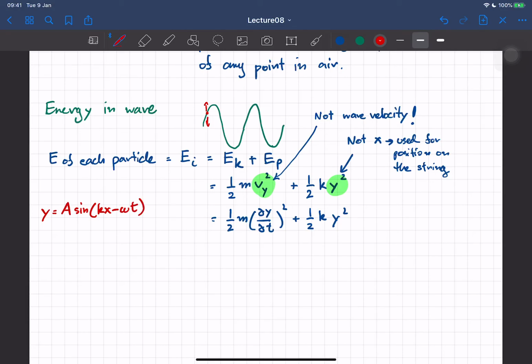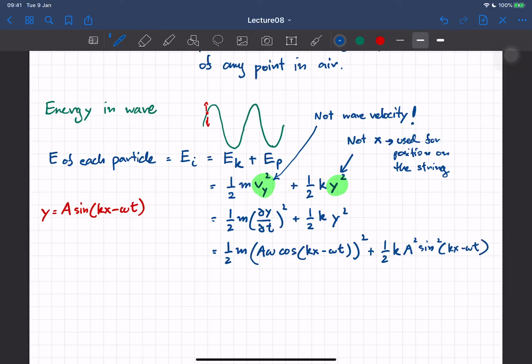So we can substitute this in, and the derivative we already did. There's no problem here. It's just 1/2 m times dy by dt, so you get A omega cosine(kx minus omega t), the whole thing squared, plus 1/2 k A squared sine squared(kx minus omega t).